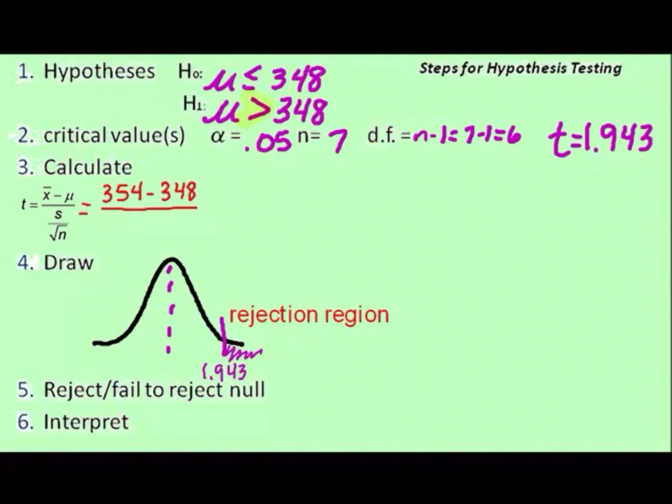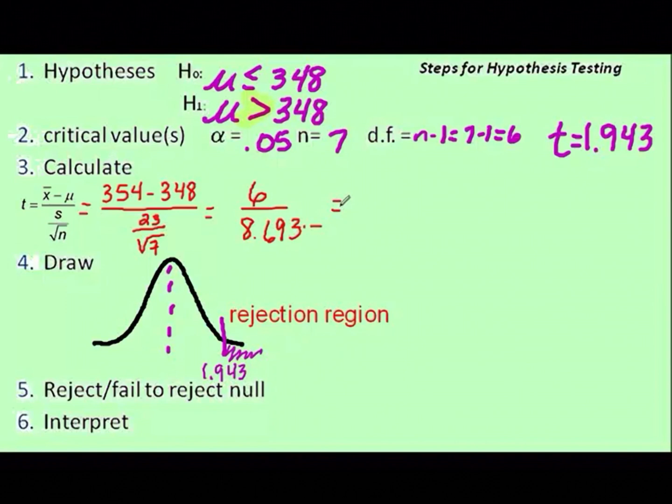Standard deviation is 23. Divide that by the square root of 7. On the top, I get a positive 6. On the bottom, 8.693, and on and on it goes.